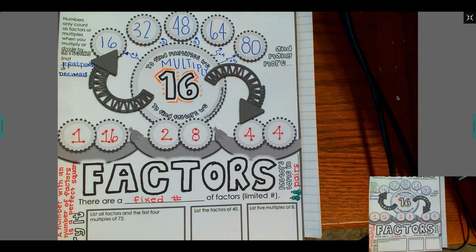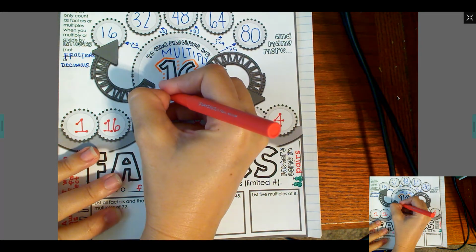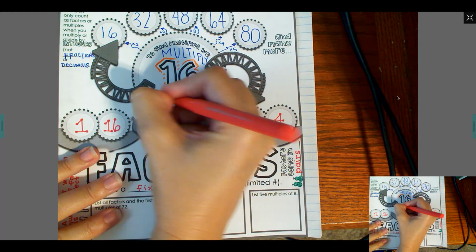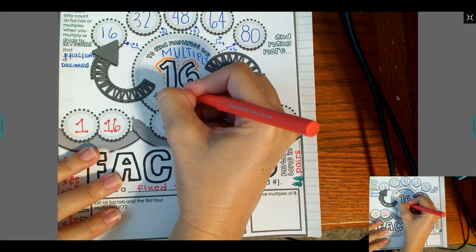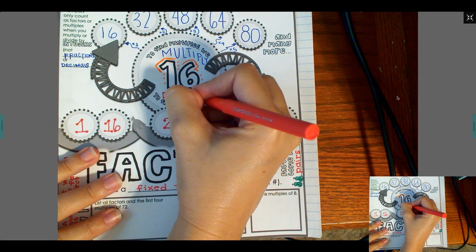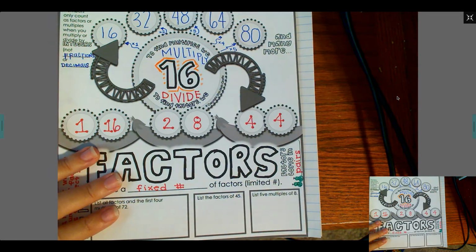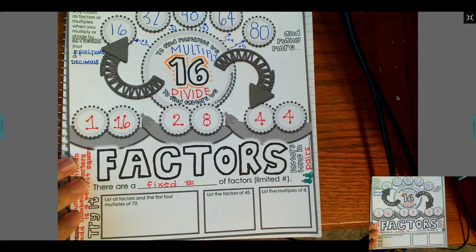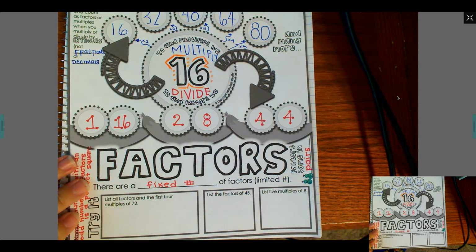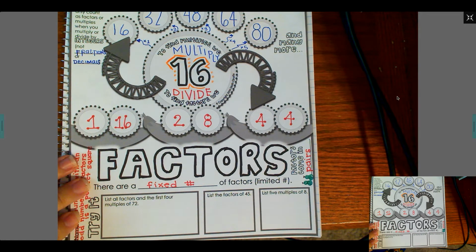To find factors, we do the opposite of multiply, and we divide. I have heard that when you are doing factors, you are a factor ninja. If you've ever played the Fruit Ninja game where you have to cut up fruit, remember that in factors, if you're a factor ninja, you're cutting up numbers.